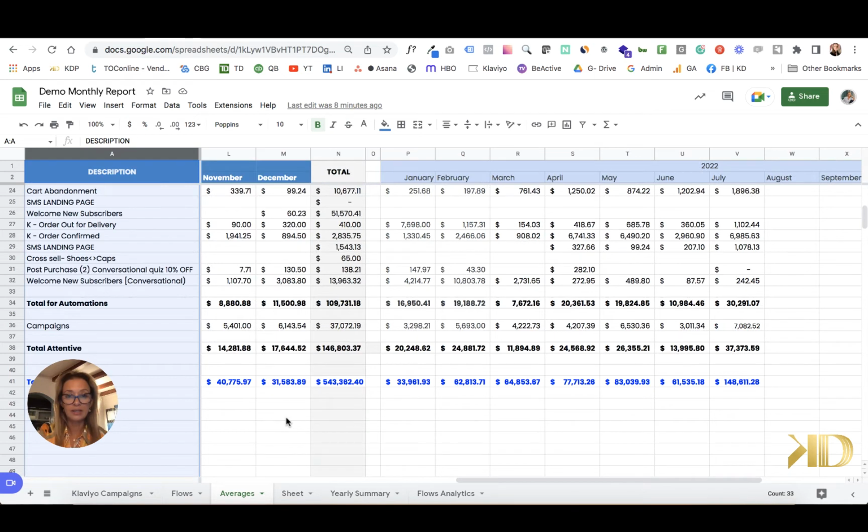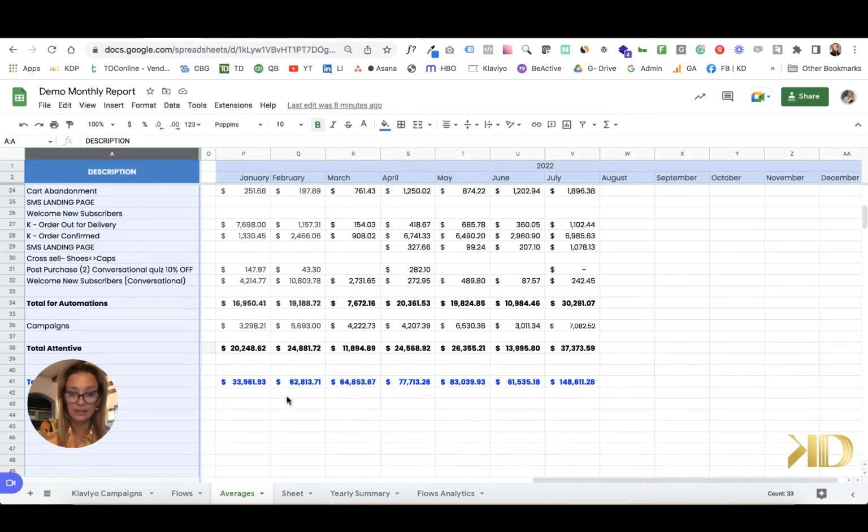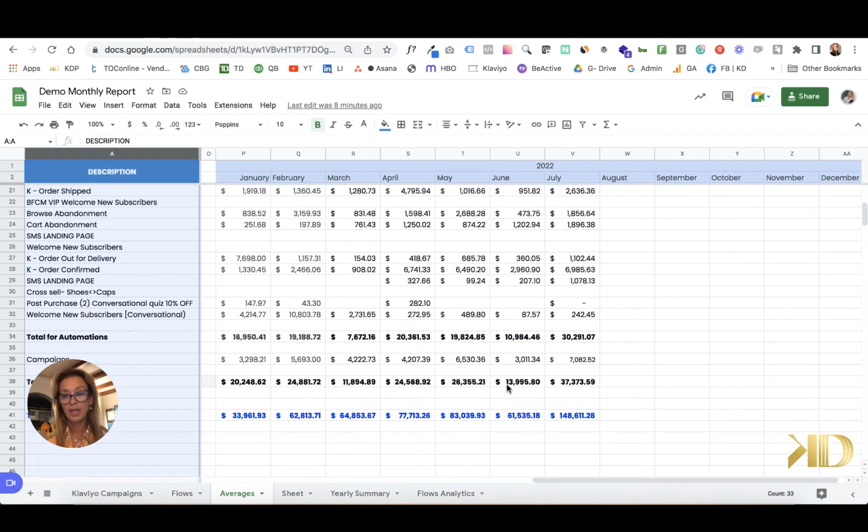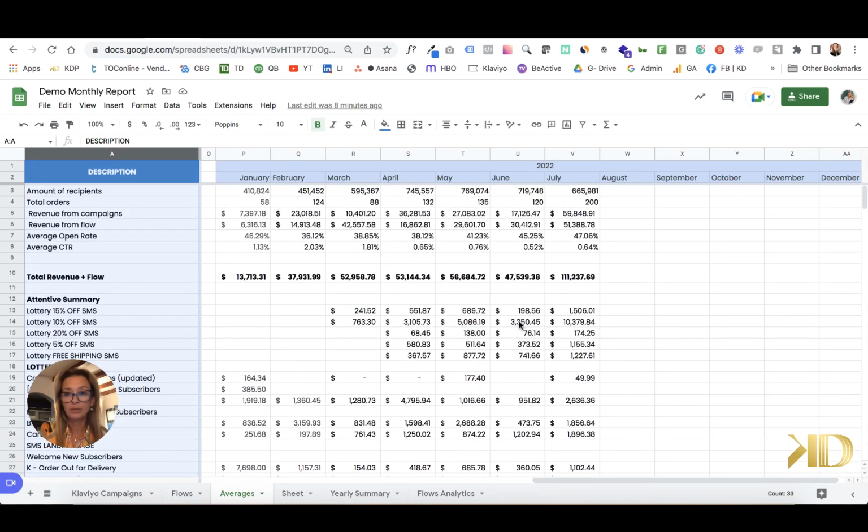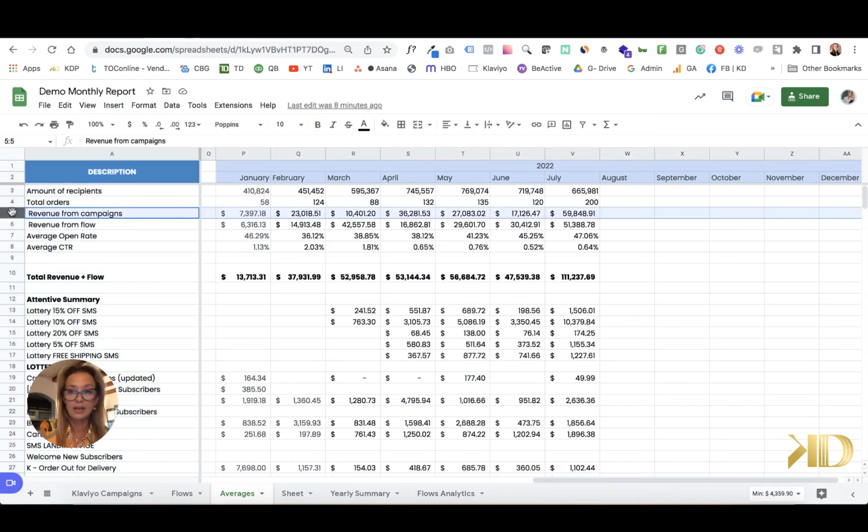So in this case, we can see that the account is growing month over month. I can see that between May and July there was a small drop, and by being able to look at these numbers right here, it's easier for me to see where to go and troubleshoot. So in this case, I would say 17,000 was definitely less than the last two months before.